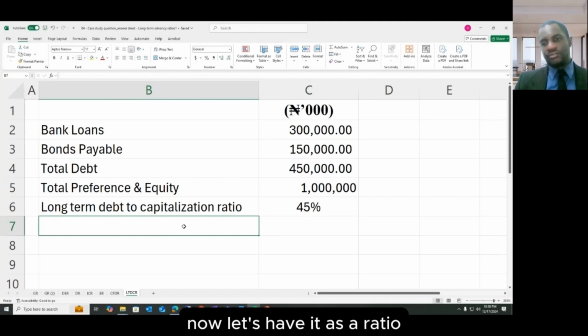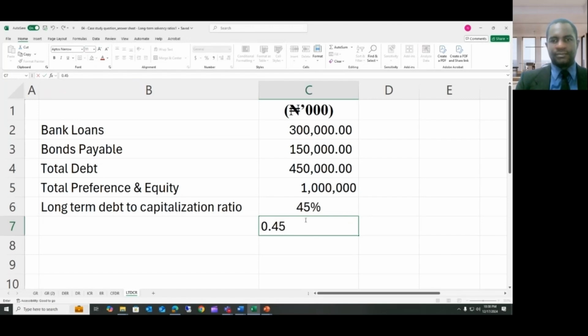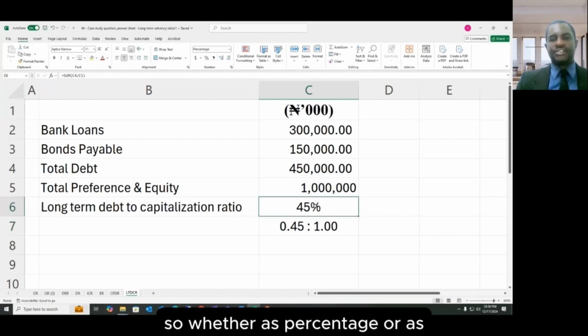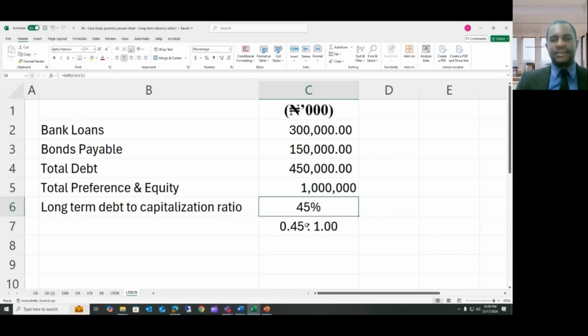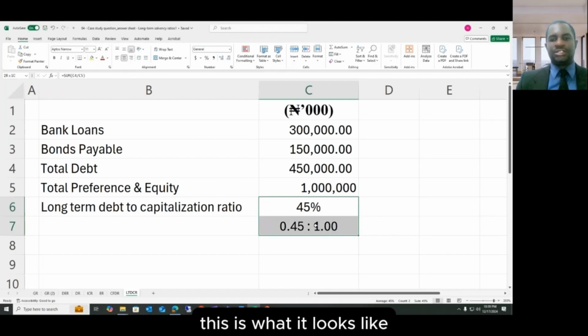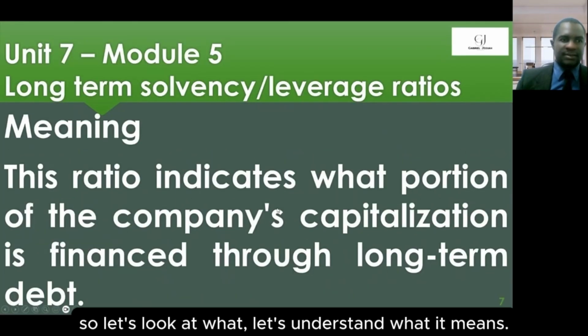Now let's have it as a ratio. We have it as 0.45 to 1. That is the proper ratio. So whether as a percentage or as a ratio as we express it in times, this is what it looks like. So let's understand what it means.